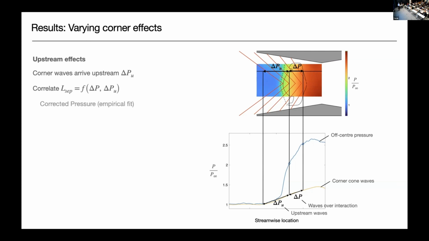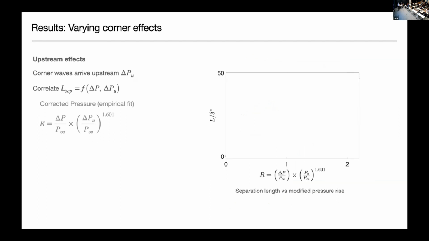But from that, you can derive a corrected pressure, which accounts for both the pressures arriving upstream and the pressures over the interaction. So this is just an empirical fit that we get from that. And then if we now compare the separation length to this corrected pressure, this is what we get.